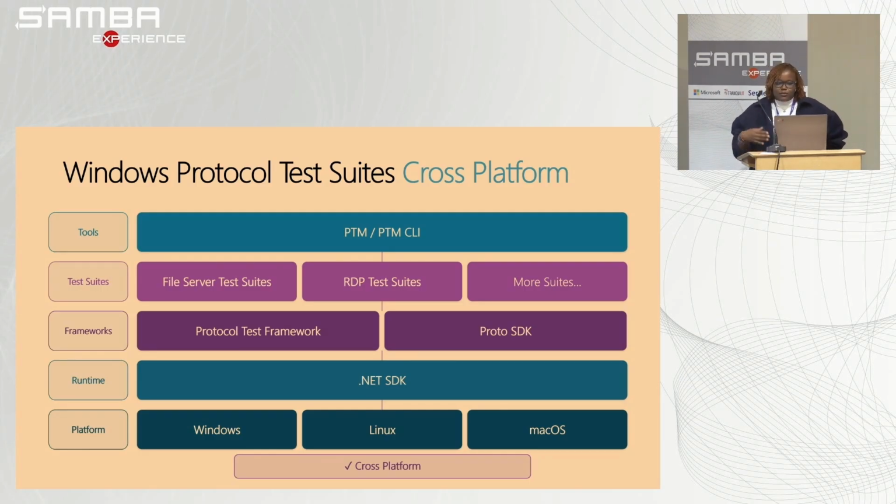This is what handles the test execution, logging, configuration, and adapter management. Proto SDK sits alongside it and provides the protocol message encoding and decoding. These are the building blocks that construct and parse SMB2, FSRVP, and all the other protocol wire-level messages.